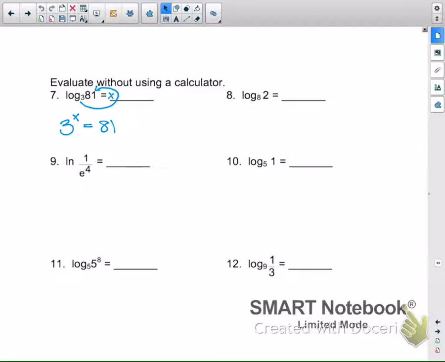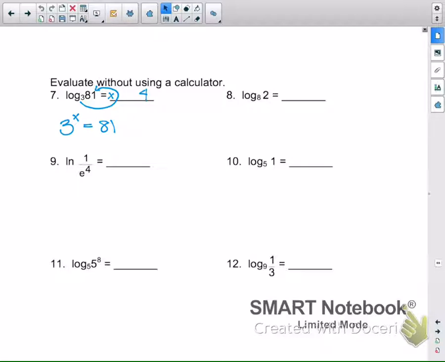Depending on your love or hate of exponents, you could do that in your head. Some of you are going to want to turn that into a solving thing every single time, and that's okay. I'll show you that in just a minute. In any case, 3 to what power is going to give me 81 here? 4. That is your answer.